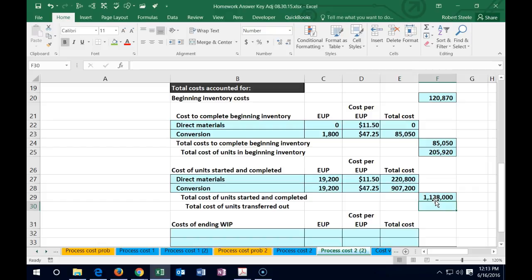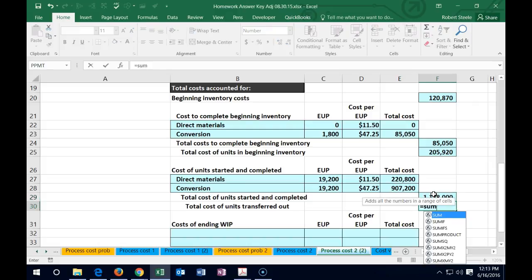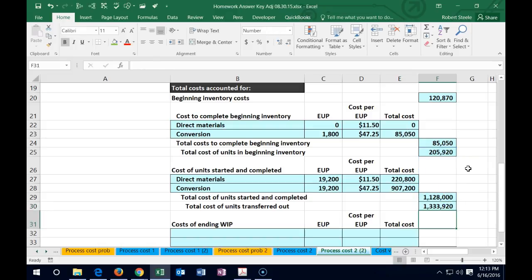So that means that under a FIFO method, everything that was in there at the beginning, this whole 205,920, we're talking dollars now, of the units that were in there at the beginning, plus everything that of course was started and completed, that's the dollar amount that we need to take out of department A and move to department B. So this is going to be the sum of the 205,920 dollars allocated to the beginning units plus the 1,128,000 dollars allocated to the units started and completed. This is the amount going out from department A to the next department, department B.